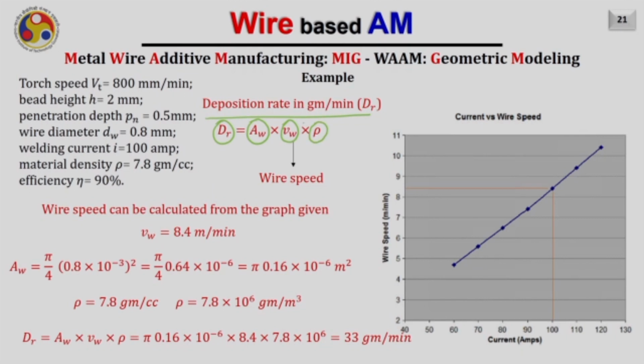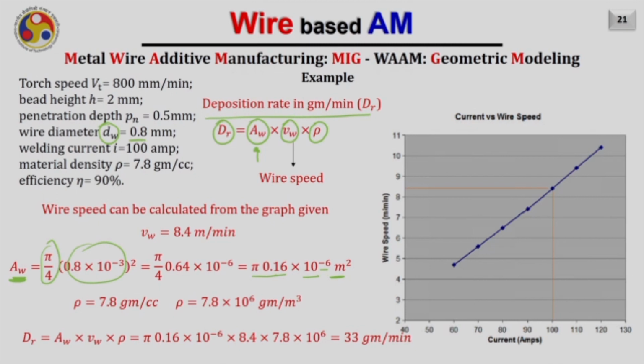The area of the wire is known to us, because the diameter of the wire is given as 0.8. Therefore, I can easily find the cross sectional area of the wire, which is pi by 4 d square, and as a result it comes to be 0.5 times 10 to the power minus 6 meter square. That is the cross section of the wire.